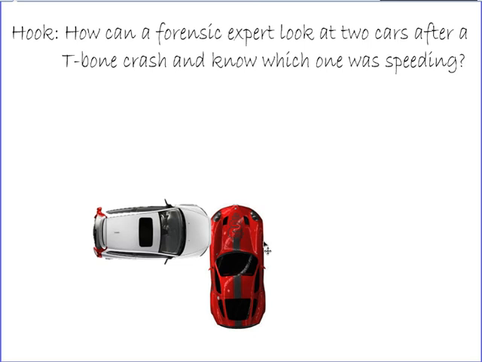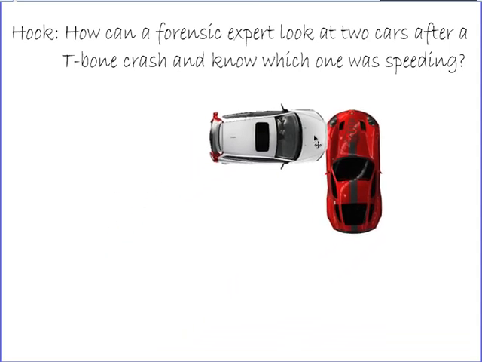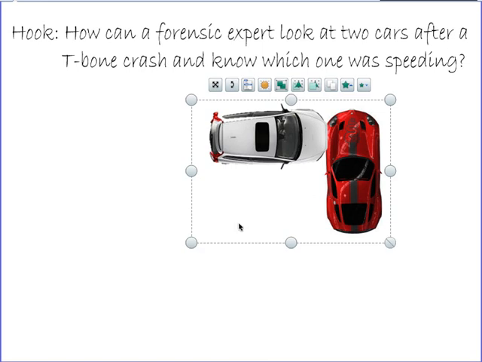This guy crashes into the side of that car, and the two of them then go off at this angle. By looking at the angle they went off relative to the initial, it is possible to know what the initial velocities of these two cars are and to know who was speeding in that collision.